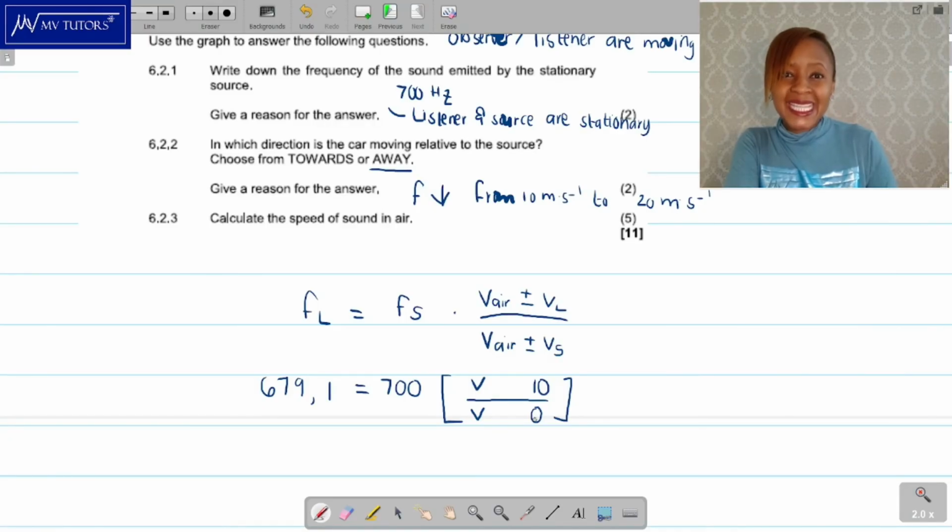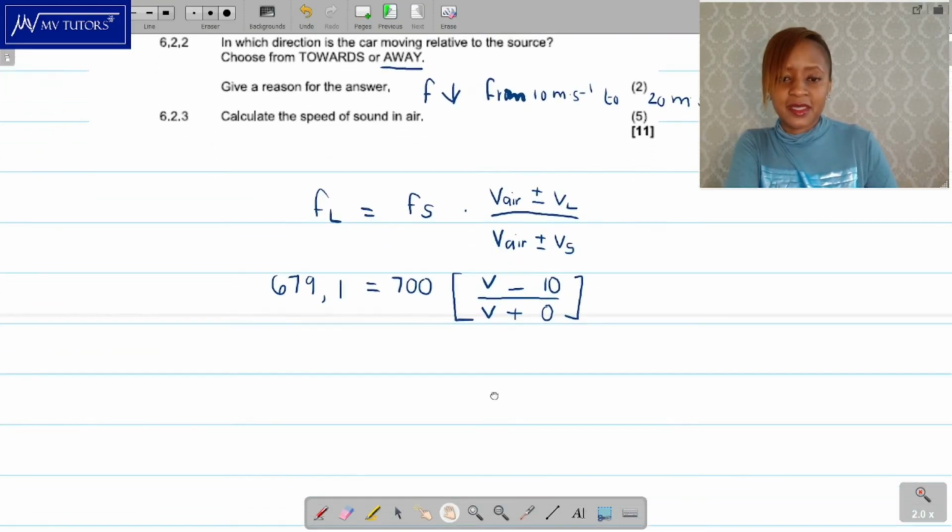If the listener is moving away from the source, then you're going to put a negative. If the listener was moving towards the source, then it would be positive. And here it doesn't really matter whether you put a positive or not because it's 0. I'm just going to put a positive just for the sake of calculating. Even if it's a minus, it doesn't matter.